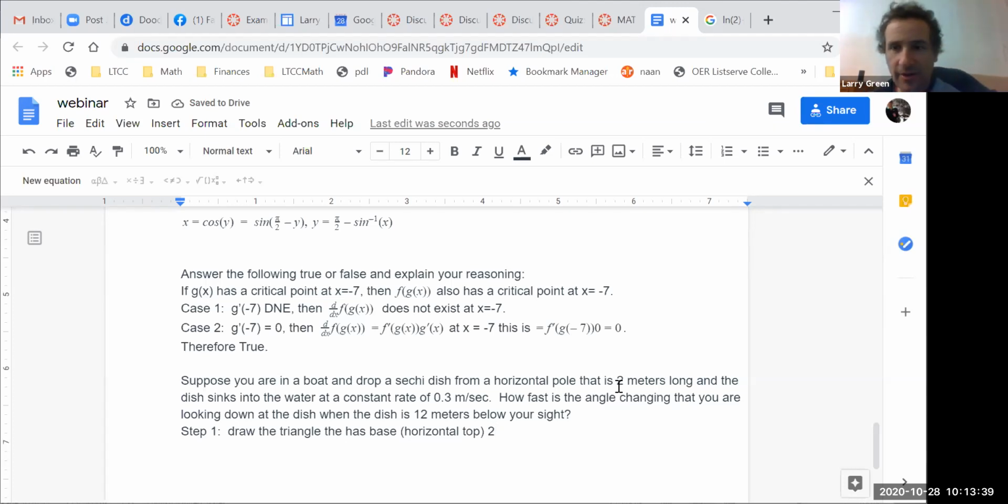So the horizontal distance isn't changing. What's changing is the vertical distance. So it has base 2. Any questions on that?